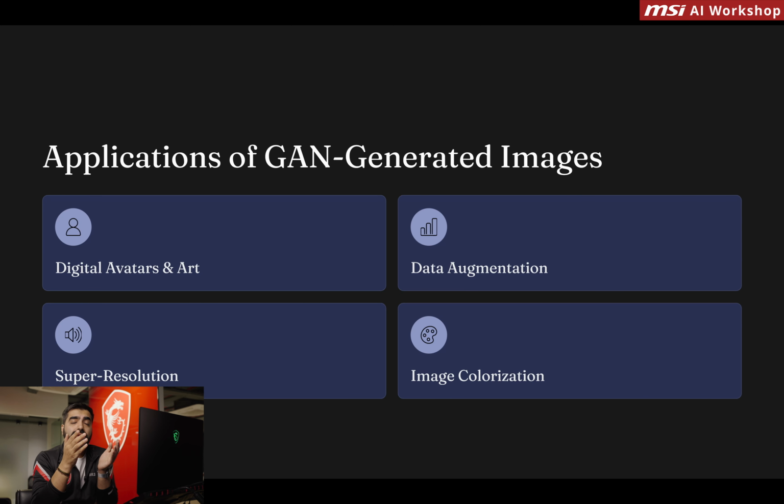And then you can utilize AI to not only upscale images, but even make them much clearer, much crisper, much better. And you can utilize this for creating data augmentation charts. Like let's say you had a lot of data and you wanted to create graphical charts out of it, you can utilize AI to do that as well.